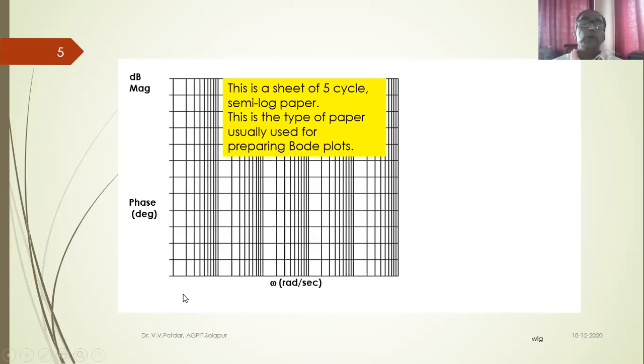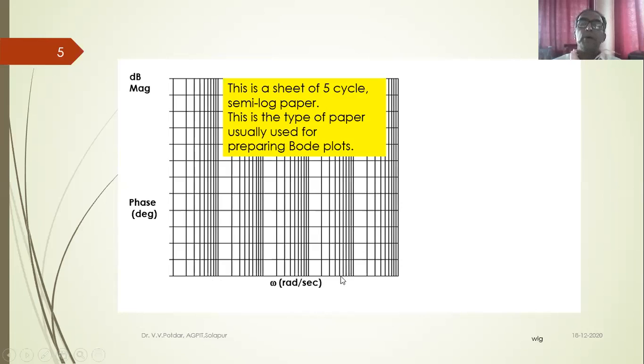Okay, so what do I do? From 0.1 to 1, I increase the values of frequency: 0.1, 0.2, 0.3, 0.4, up to 1. Then from 1 to 10: 1, 2, 3, 4, 5, 6, up to 10. From 10 to 100: 10, 20, 30, 40, 50, 60, 70, 80, 90, 100.